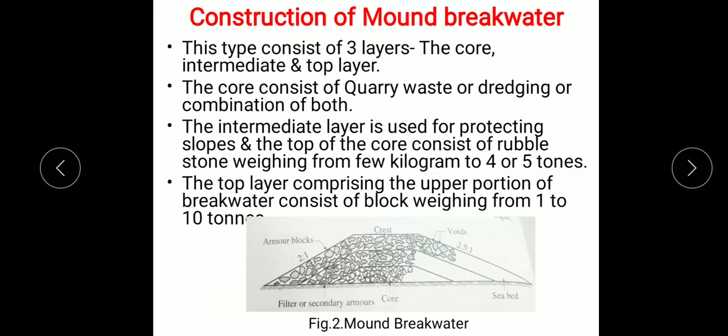Now we will see the construction of mound breakwater. So here figure 2 shows a mound breakwater in which we can see there are 3 layers. The first layer is a core. Above the core there is an intermediate layer, and above the intermediate layer there is a top layer.